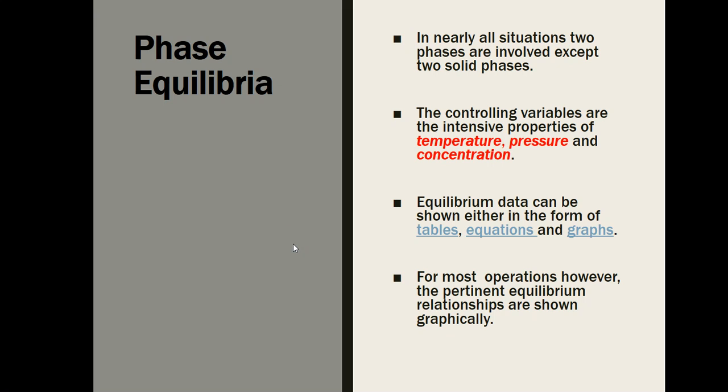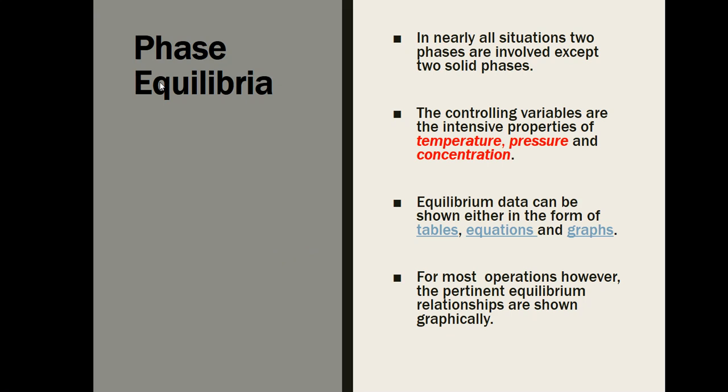Nearly in all situations, two phases are involved, except in the case of two solid phases. The controlling variables are the intensive properties of temperature, pressure, and concentration.